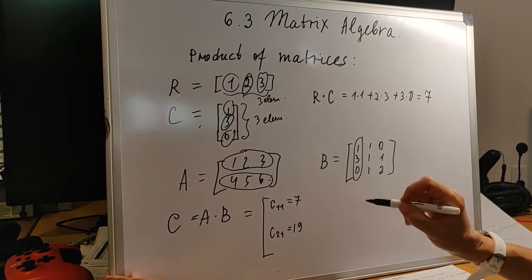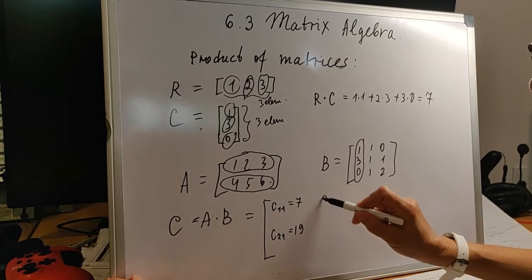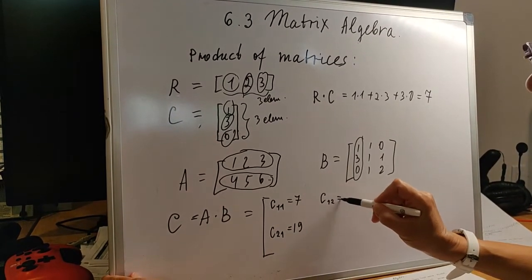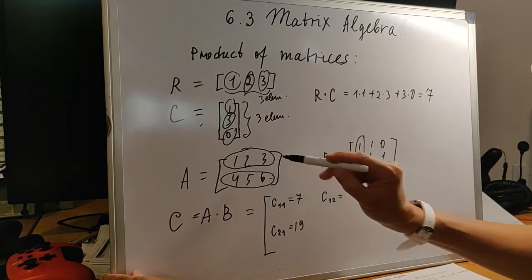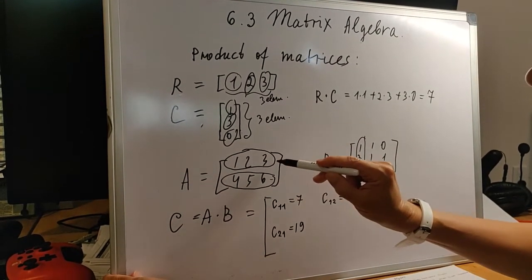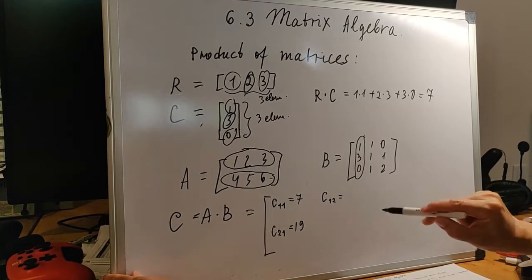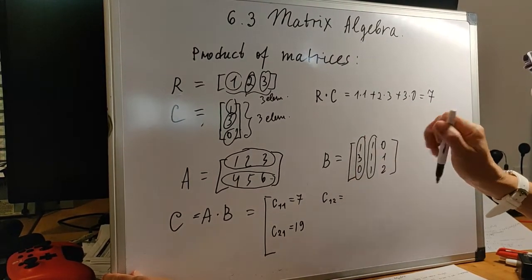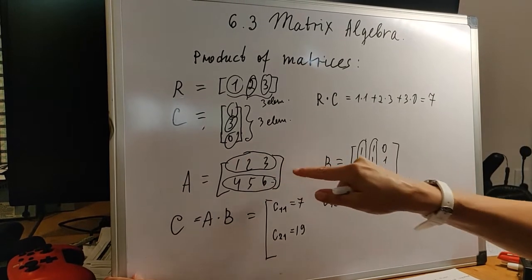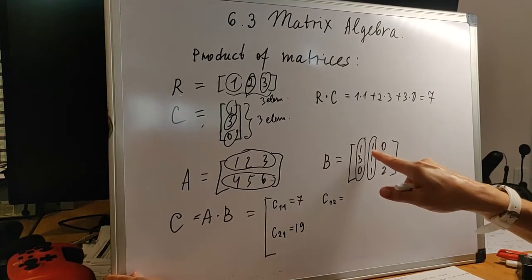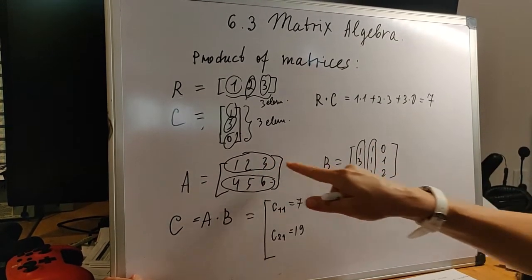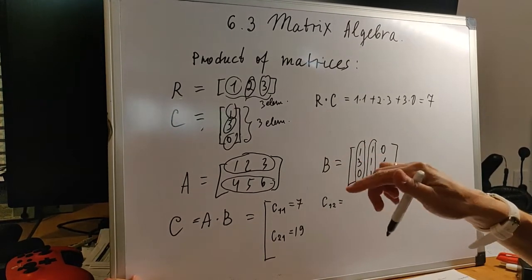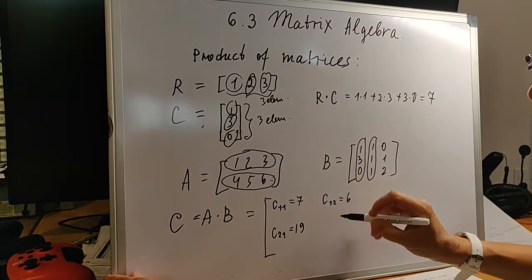Now I'm going to move to my next element, C12. For C12, I'm still multiplying my first row because it sits on the first row, but because it sits on the second column, I'm going to change to the second column. I'm going to multiply this one by this. So it's 1 by 1, 2 by 1, and 3 by 1, which gives me 1 plus 2 plus 3, which is 6.